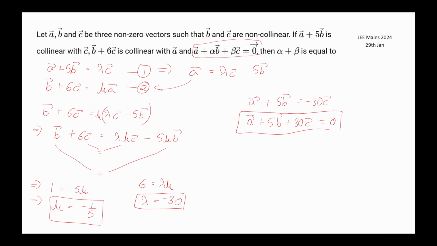So this corresponds to the equation we are talking about. Now let us compare the coefficients of B vector and C vector. From there we can find the value of alpha and beta. So alpha would be equal to 5 and beta would be equal to 30. And upon calculating alpha plus beta, what do we get our answer to be? 35. So this is our answer.